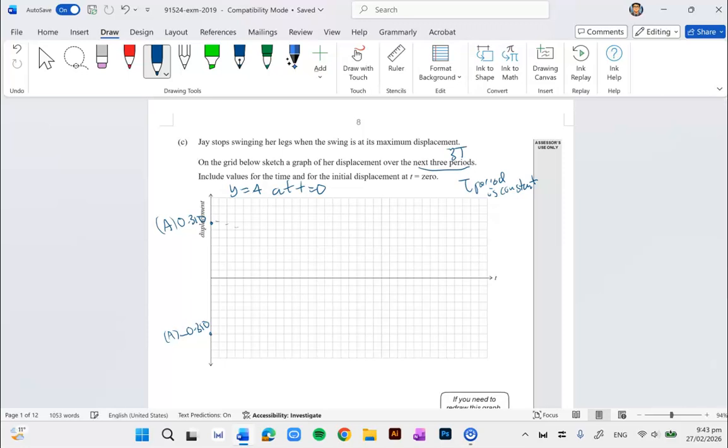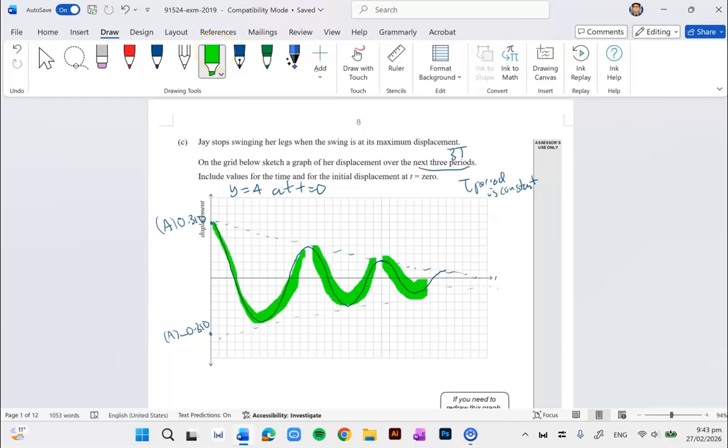I'm actually just going to draw a guided dotted line to make sure that my waves get smaller and smaller. So roughly like this, it will look like this. Right, there's my 3 cycles. Okay, so 1, 2, 3. Right, there's my 3 time periods.